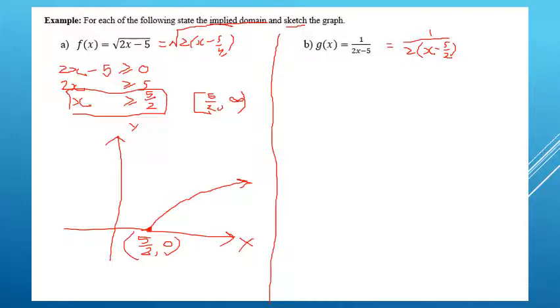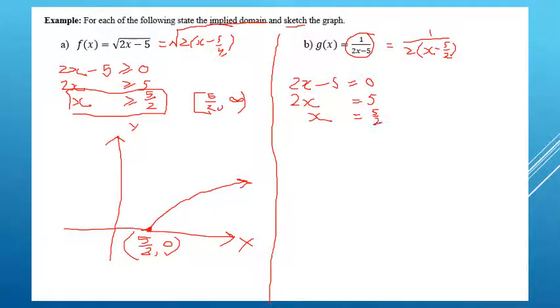Let's do the domain part first, the implied domain. What aren't we allowed to do with a fraction? We can't have 0 on the bottom, so we've got to solve this equation that whatever's on the bottom, 2x take 5, we want to know when it's going to equal 0 because that's the value we're not allowed to use. So it's very similar to what we did over here on the left. So we get 2x equals 5 by adding 5 to both sides. Divide both sides by 2 and you get 5 on 2.